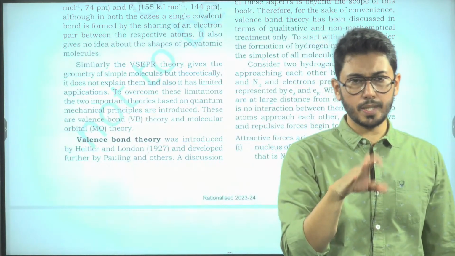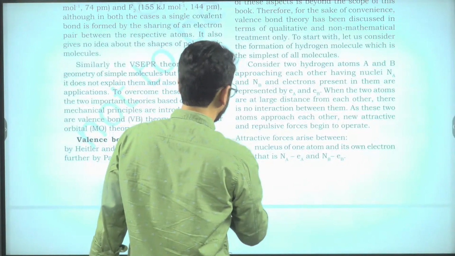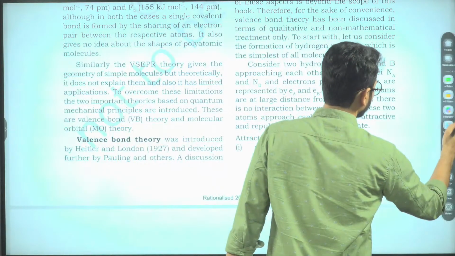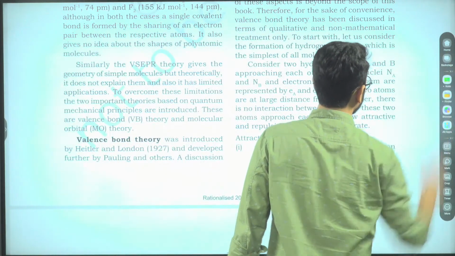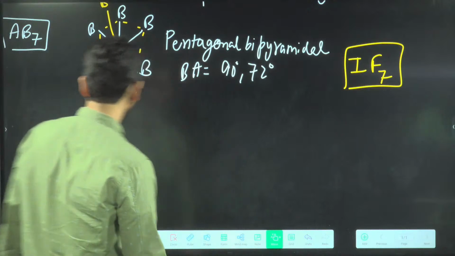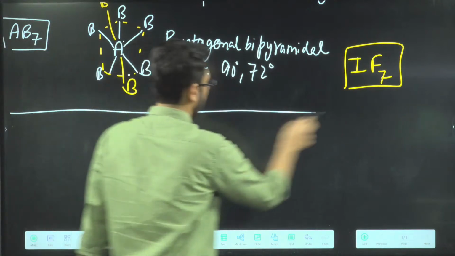Merge with hybridization examples. Now after this VSEPR completion, I will give you that set of examples so that you can write them. Now you will find the structures and hybridization.